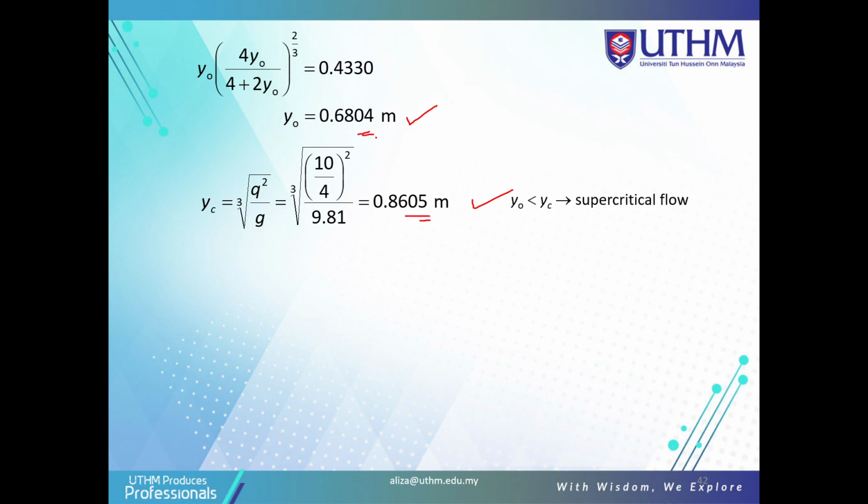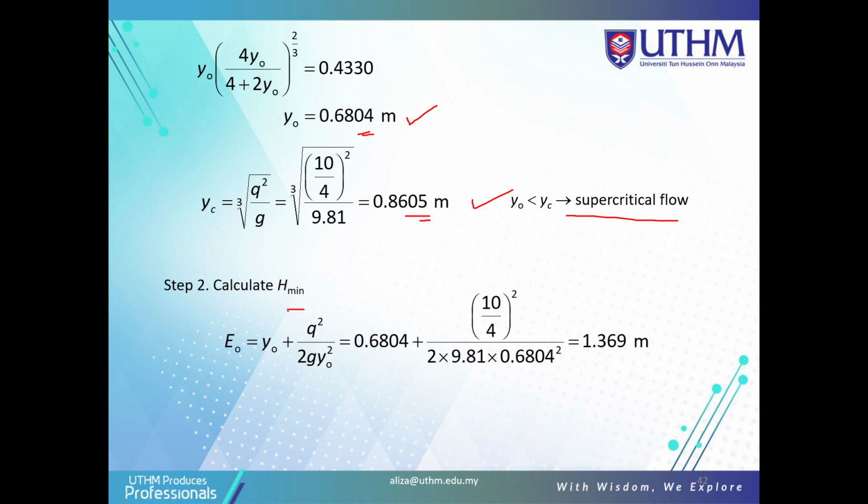And then we know that Y naught is less than YC, so this is supercritical flow. Now, the step to calculate H minimum: we use the specific energy equation.